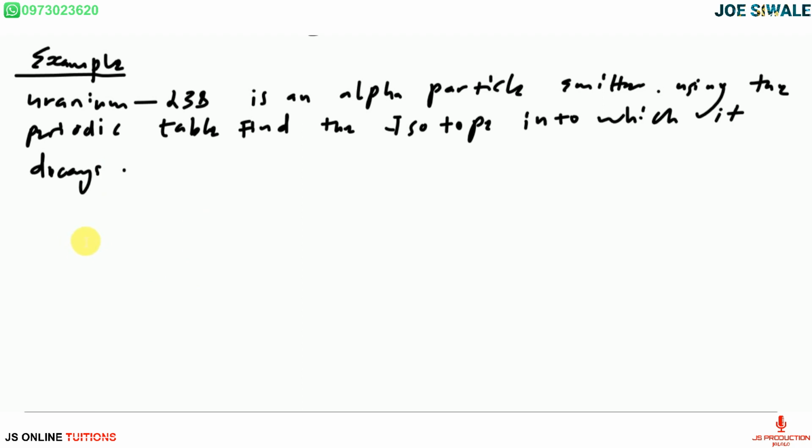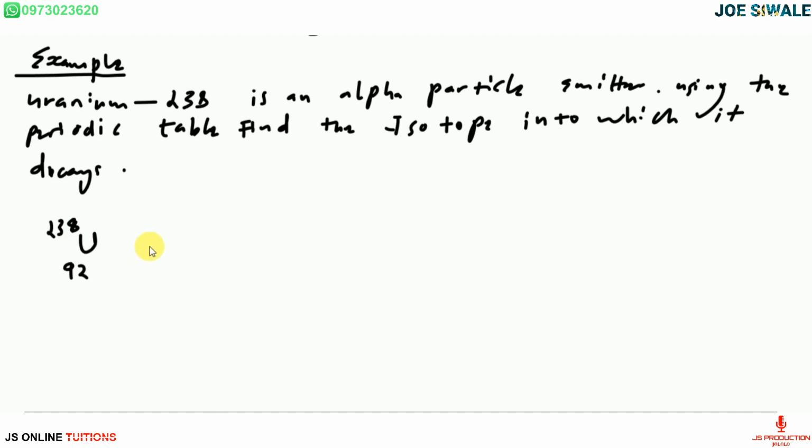Uranium has a symbol of U, and the mass number we have been given as 238. And if you check on the periodic table, the atomic number, the proton number of uranium is 92. So we have 92 there.